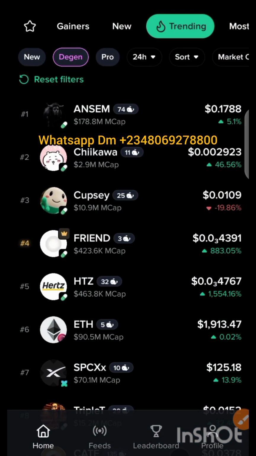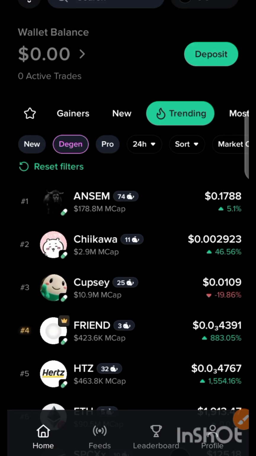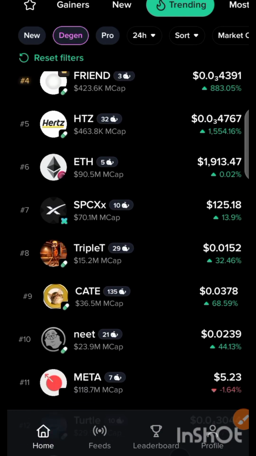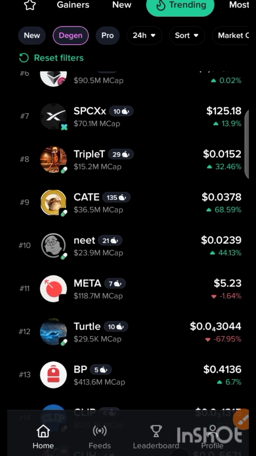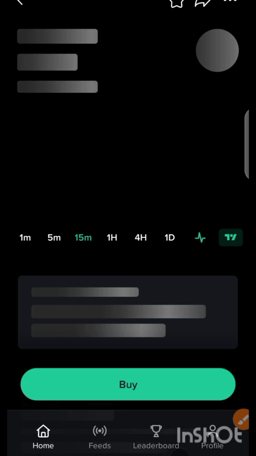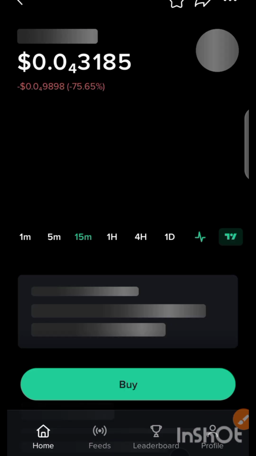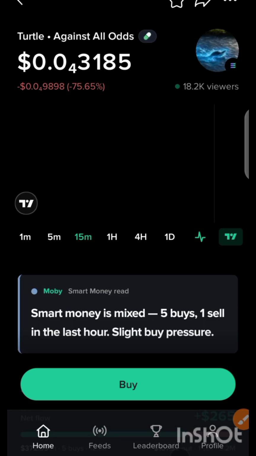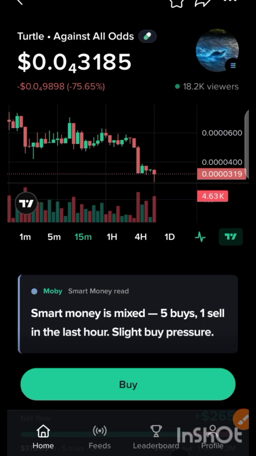This particular strategy works with an 80 to 85% win rate when you understand the right coin to buy. Some people can go and buy any random token, and when they have bought this random token, they can lose their money because they didn't buy the right coin.